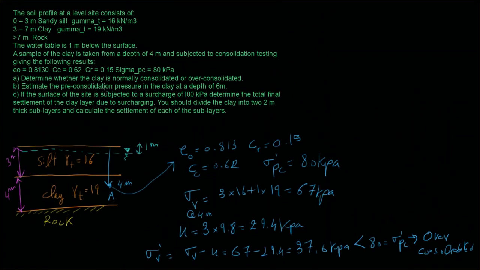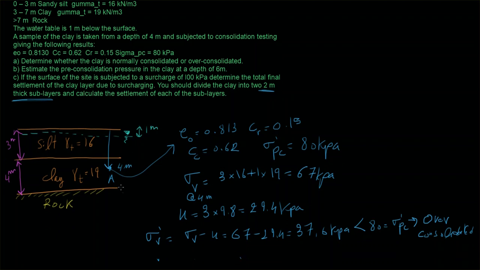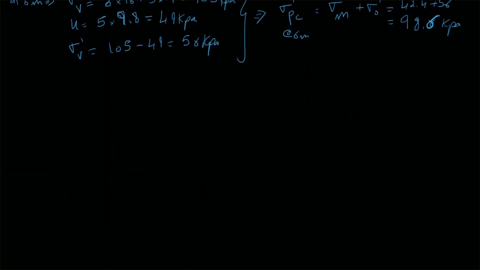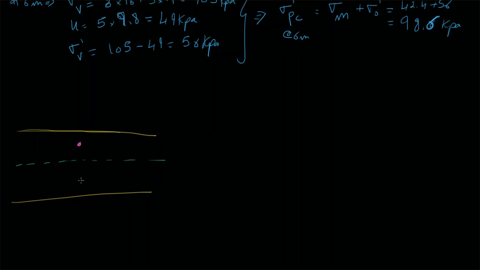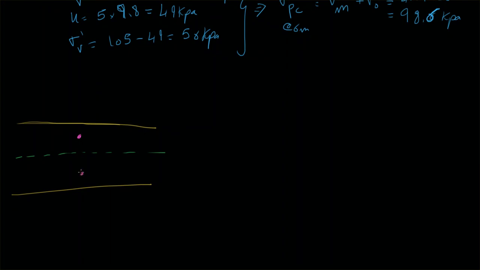Part C, if the surface of the site is subjected to a surcharge of 100 kPa, determine the total final settlement of the clay layer due to surcharging. And we are told to divide the clay layer into two thick sublayers. So now let's redraw just the clay layer. We divide it into two sublayers and calculate the settlement at the middle of each layer.